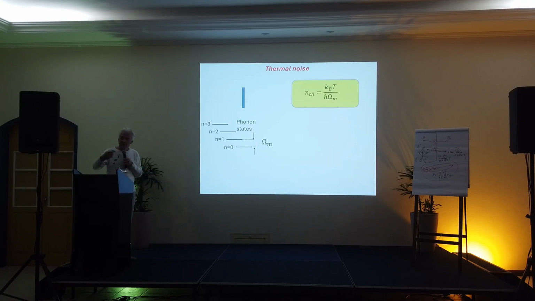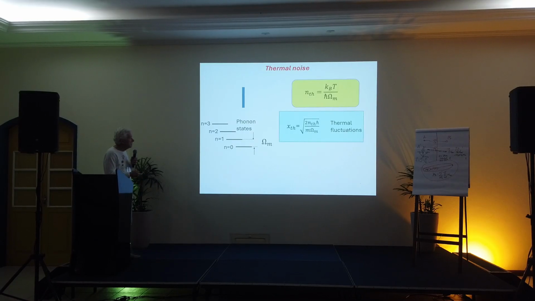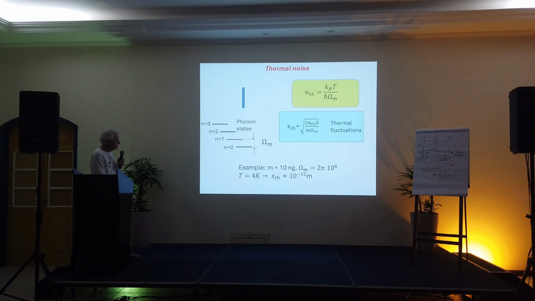So we use light to cool the mechanical oscillator. Yes, so this is what I just told you, that at 4 Kelvin, for example, the oscillation amplitude is about 10 to minus 12 meters, and this corresponds to about 1,000 excitations in the amplitude or 1 million phonons.